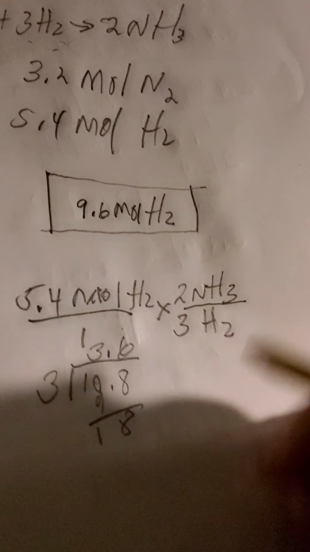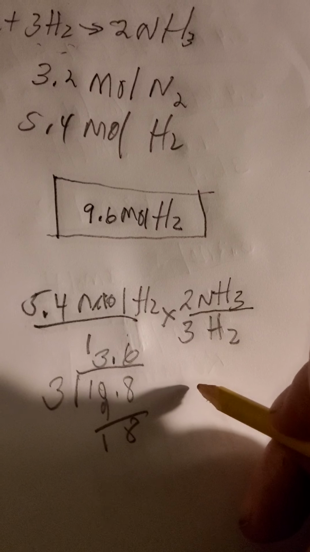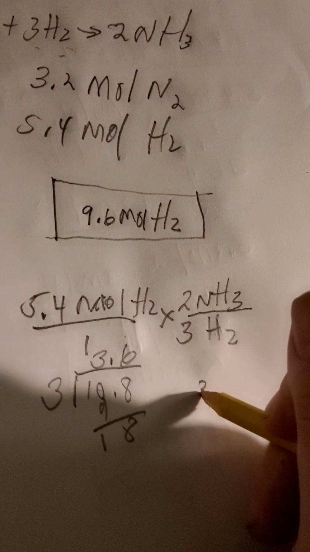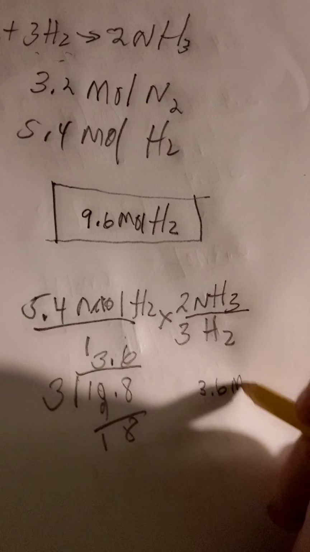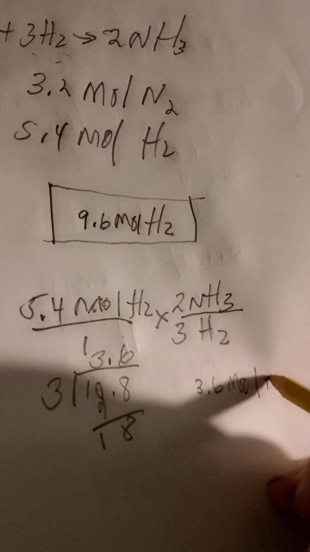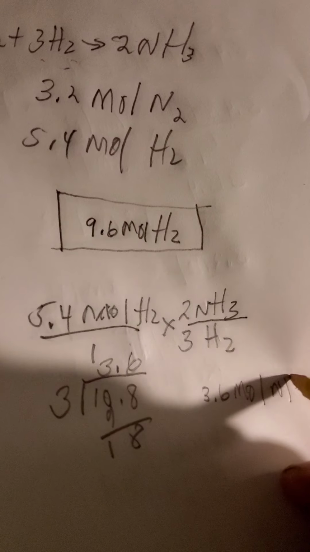I get 3.6. So the answer is I will produce 3.6 moles of ammonia.